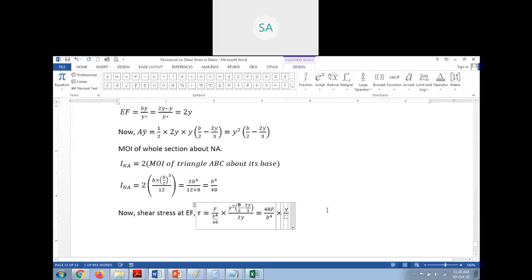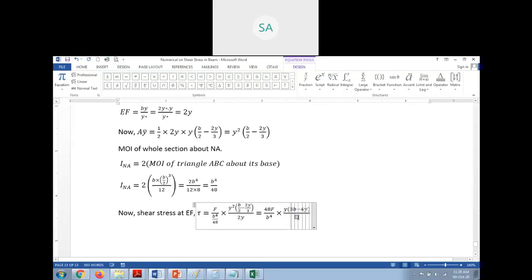So I'll keep that as it is. Now these two are having different bases, so I'll just cross multiply this. So when I cross multiply, this denominator will be 6, right? So it will become 3b minus 2 into 2, 4y. So this into 3b minus 4y.